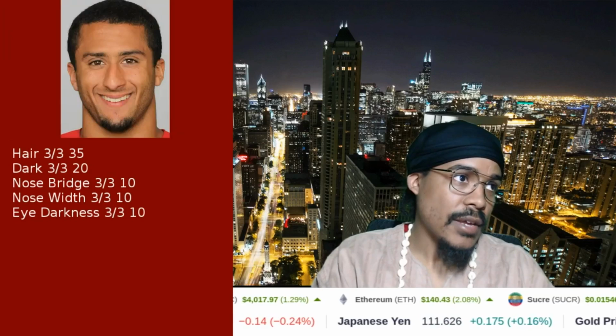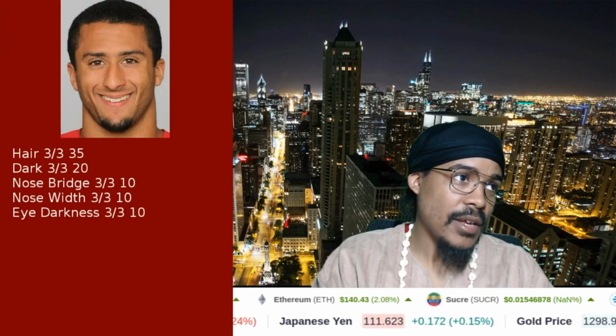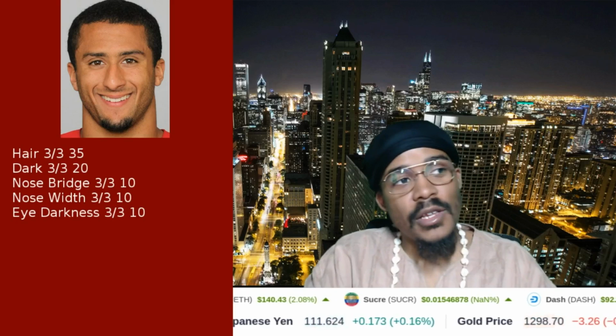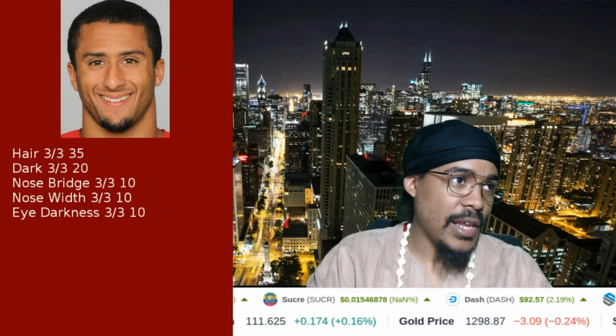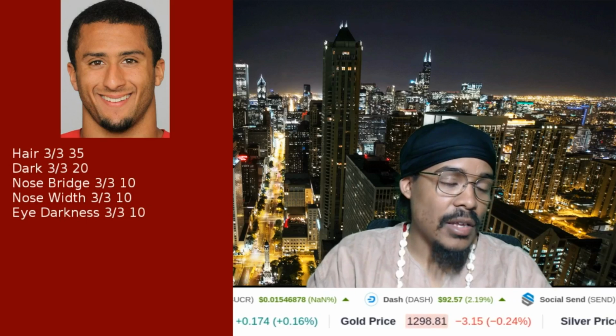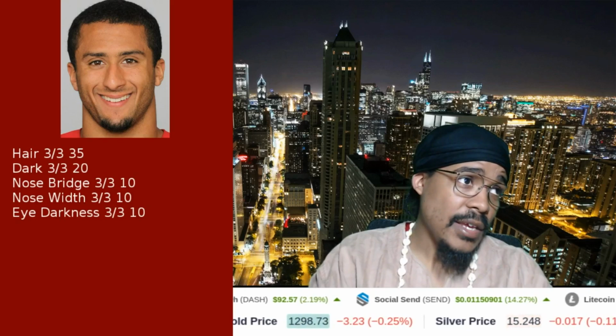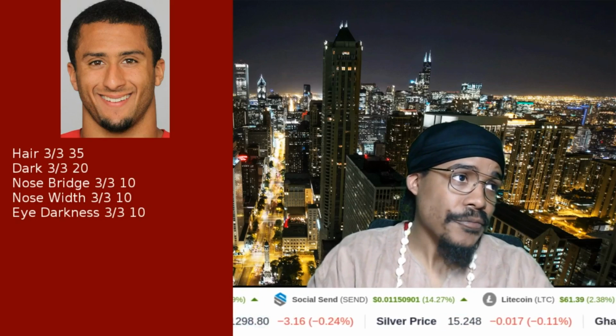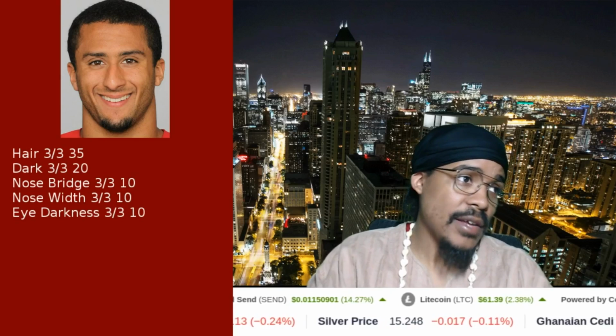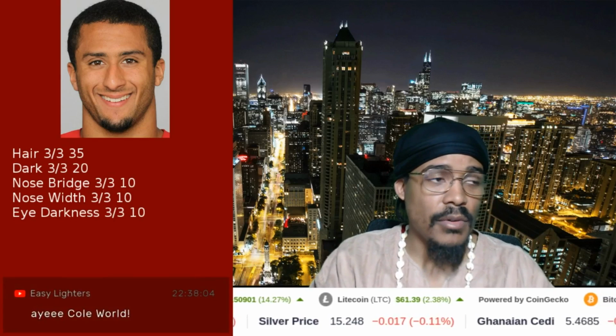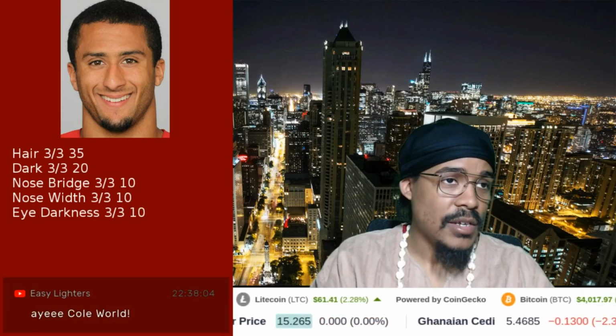Next you have Colin Kaepernick again. If you look a little bit closer at the screen, you'll see Colin Kaepernick's eyes are significantly lighter. He has level 2 eyes, and he would get only 20 points compared to J. Cole.